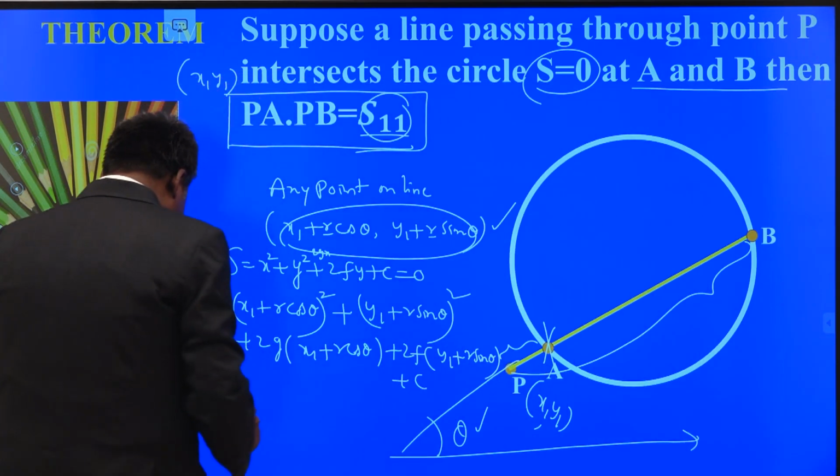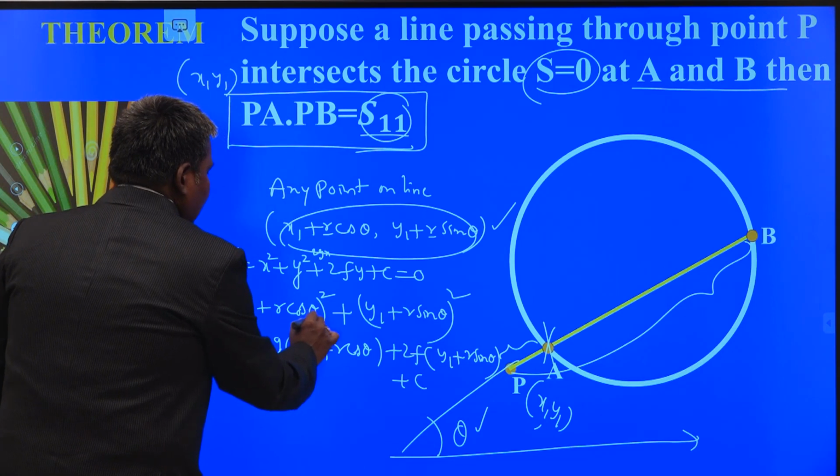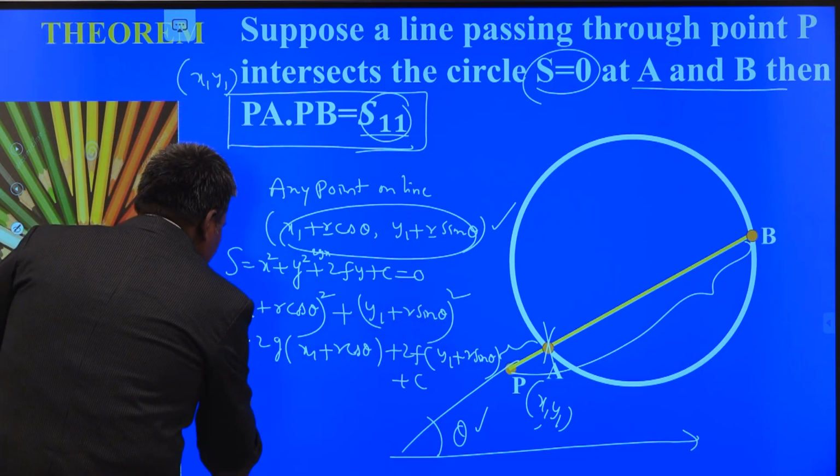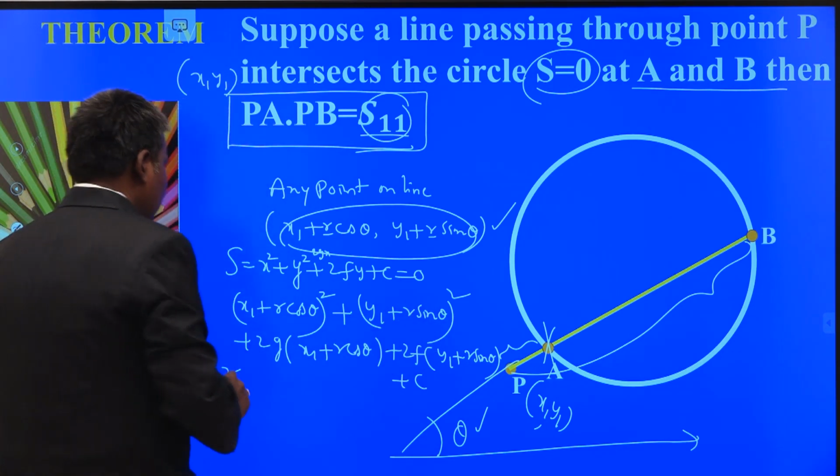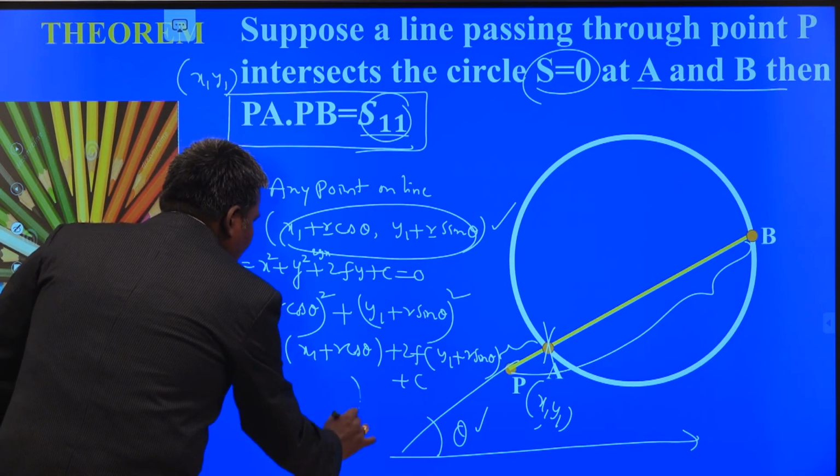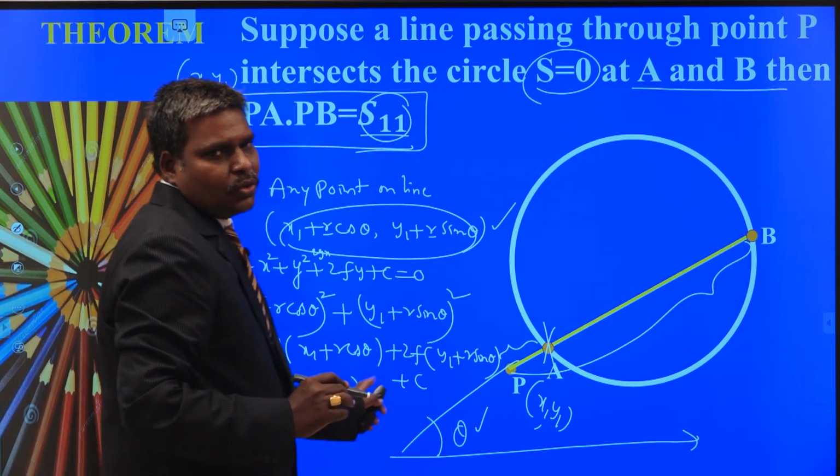On simplifying this equation, what do we obtain? r square cos square theta plus r square sin square theta, plus something into r. I am not interested in writing the coefficient of r.